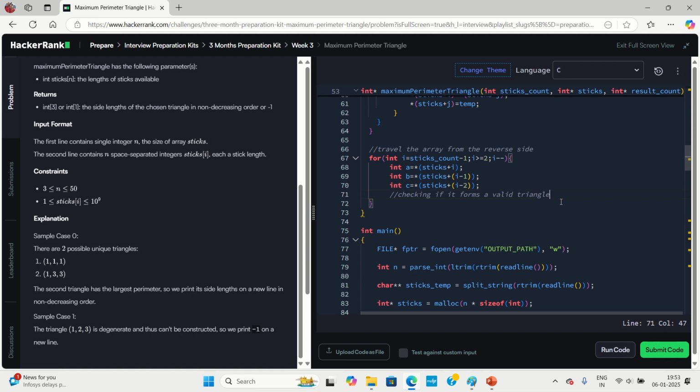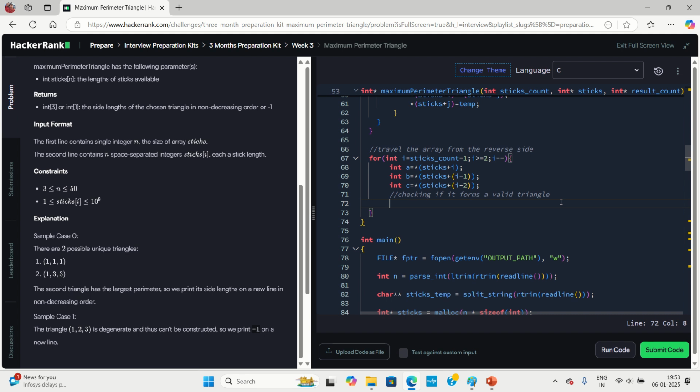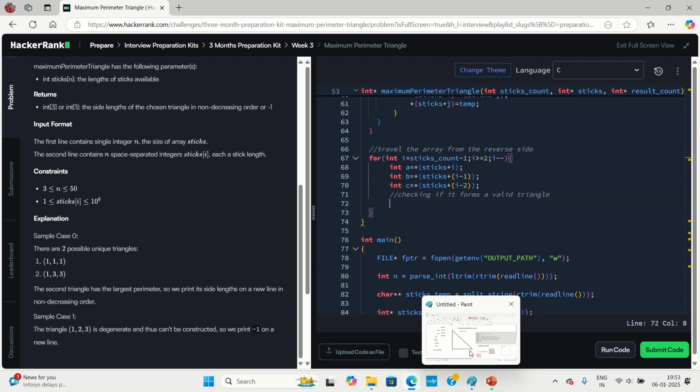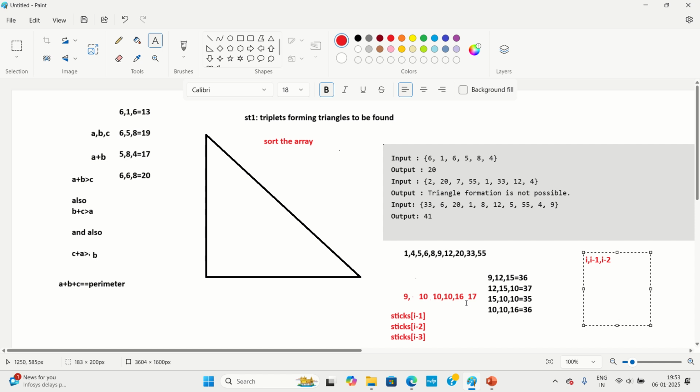Other conditions also we can check: a plus b has to be greater than c, then b plus c greater than a, and c plus a also greater than b.